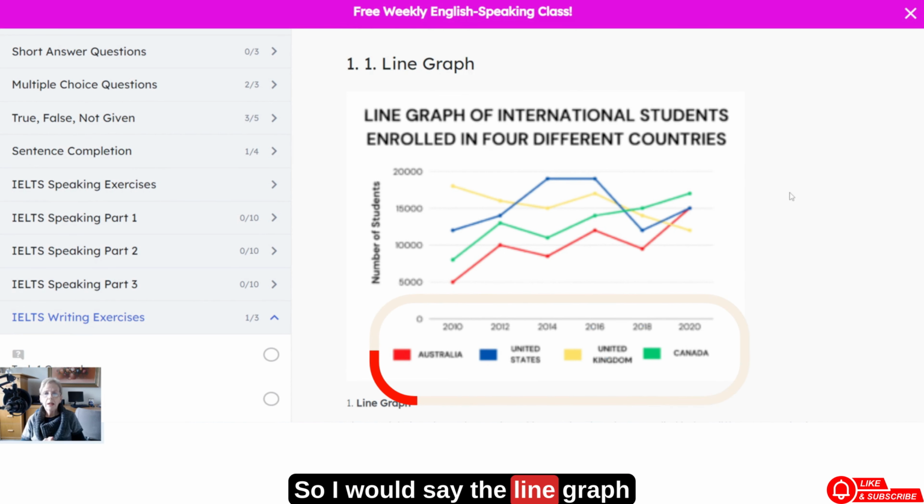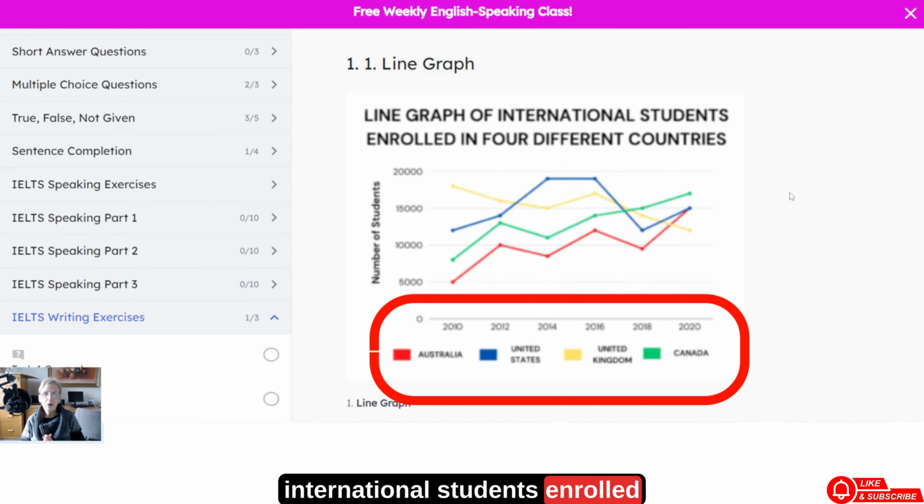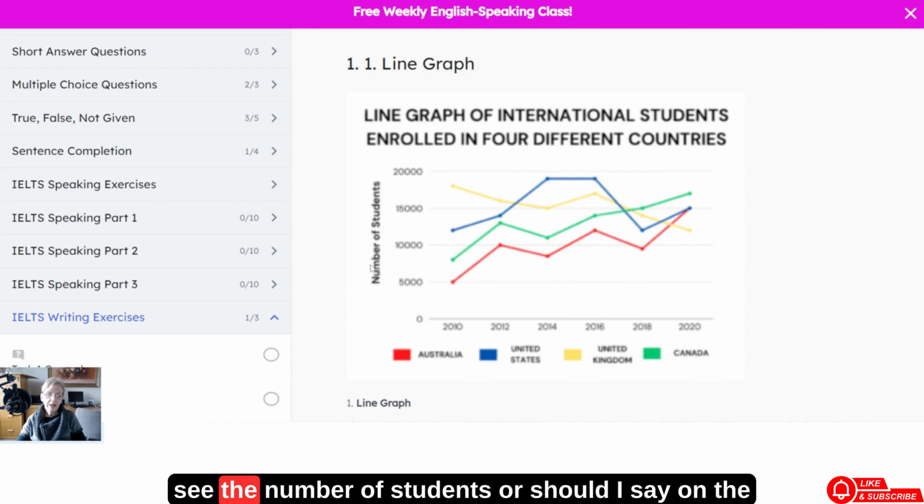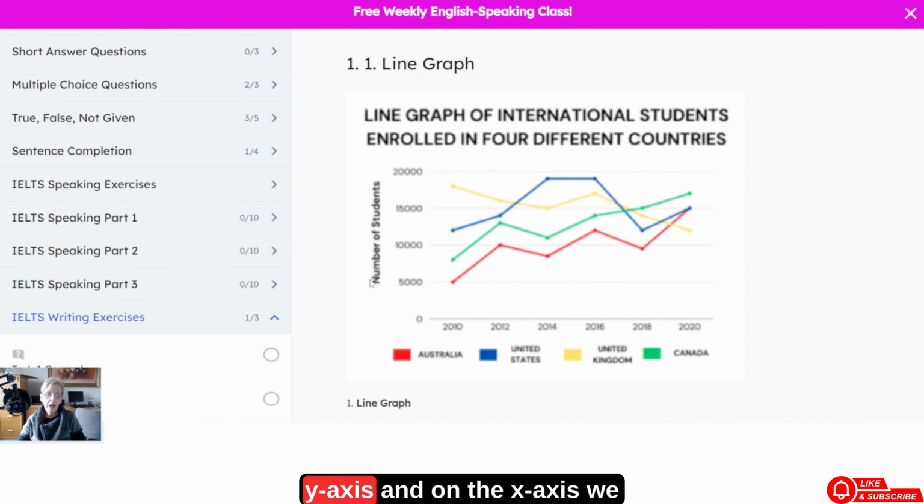So I would say the line graph gives us a picture of international students enrolled in 4 different countries. So on the left-hand side here on the y-axis, we see the number of students, and on the x-axis, we see the different countries portrayed in different colors. So easy to see, and by far the number of international students looks to be the most in the United States.